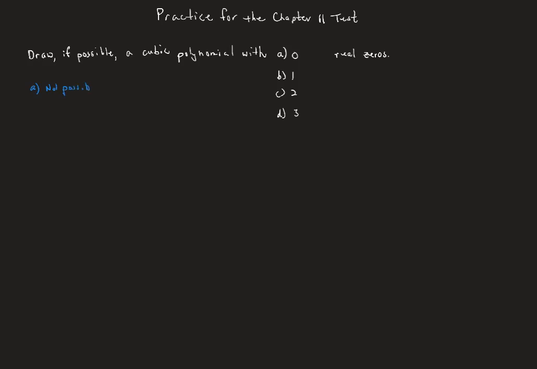What we see is the end behavior of a cubic polynomial. By cubic polynomial I mean something that has an x to the third in it, plus whatever other smaller powers of x. Our leading coefficient test says the end behavior is determined by the highest power and its coefficient.